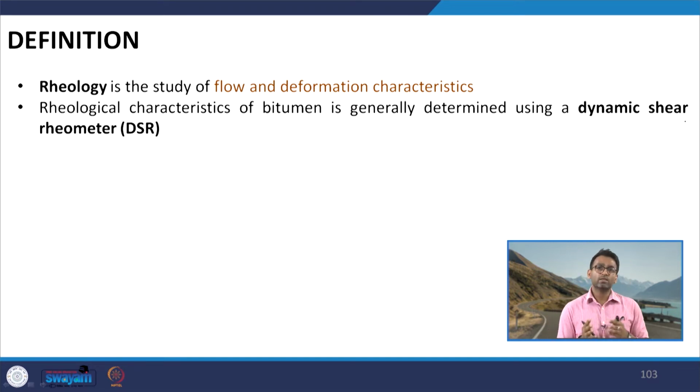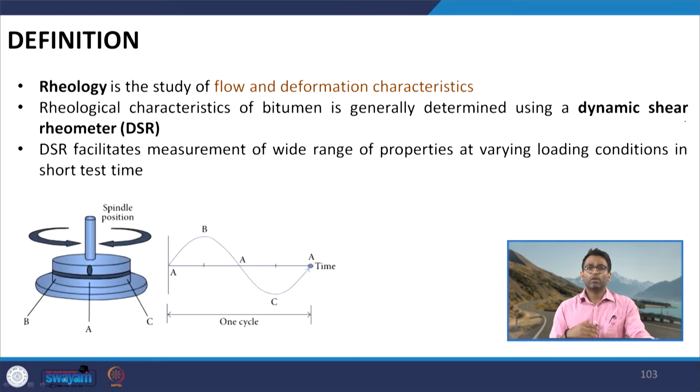Well, there are various techniques as we discussed. There are transient techniques such as creep experiments and relaxation experiments, which can be performed to understand these rheological characteristics. The rheological characteristics of bitumen are popularly, or you can say generally, determined using a dynamic shear rheometer.